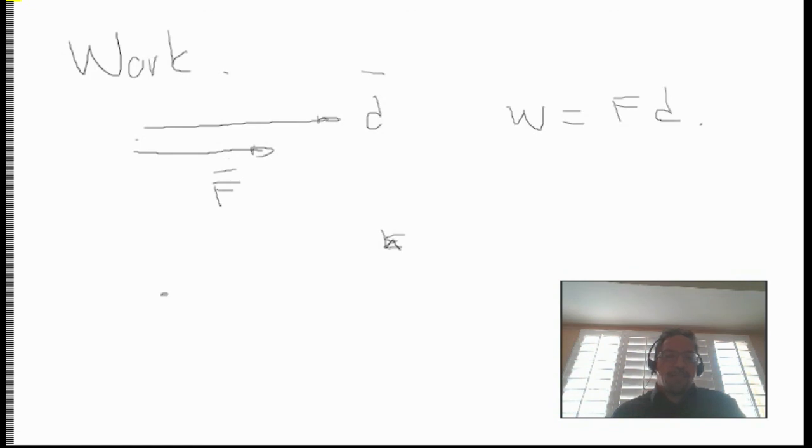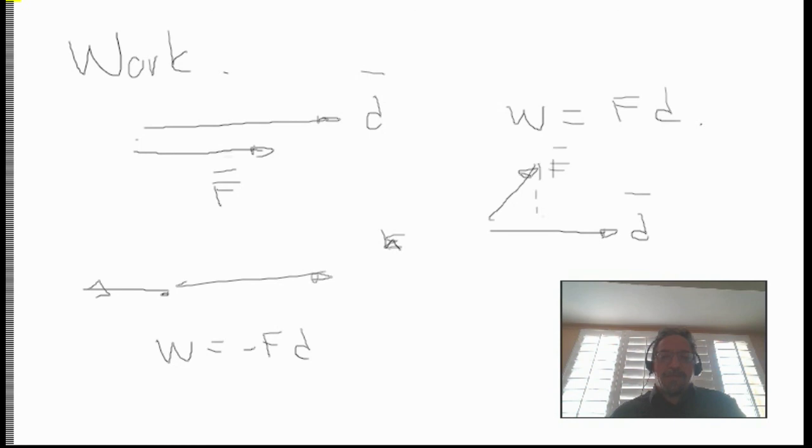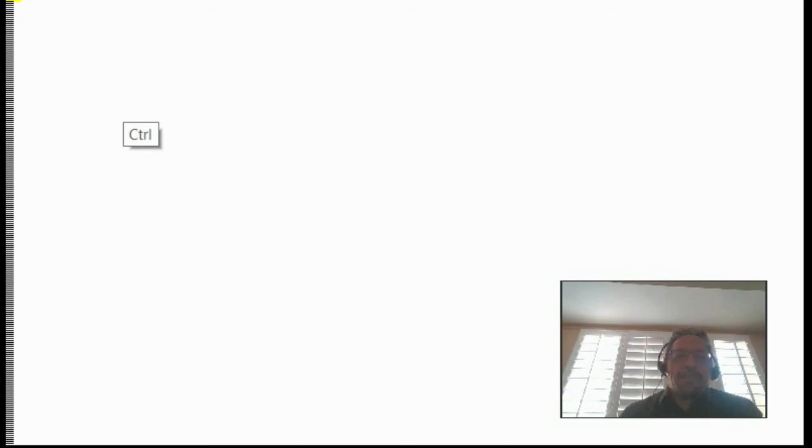If the force goes in the opposite direction, then we can say it is minus Fd, and if it goes in a general direction with respect to the displacement, we always take just the parallel component, which can be positive or negative. So the general formula is F parallel times d. So now we can do a standard application of the work energy theorem.